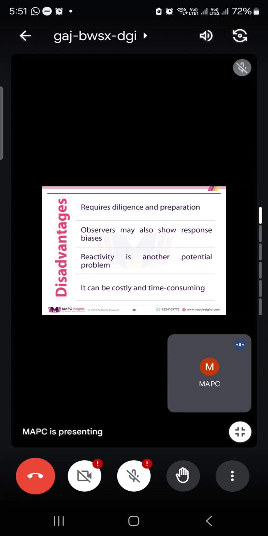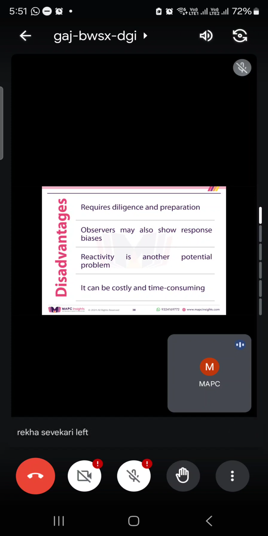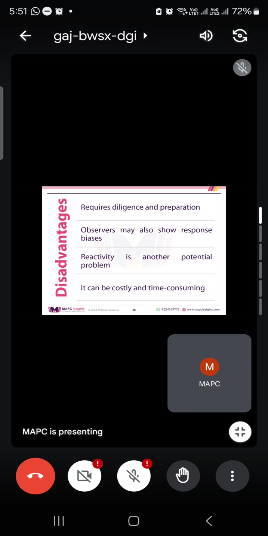Most of the time it is seen that observers are not able to separate themselves from their opinion. Reactivity is another potential problem. And finally, it can be a costly and time consuming process.